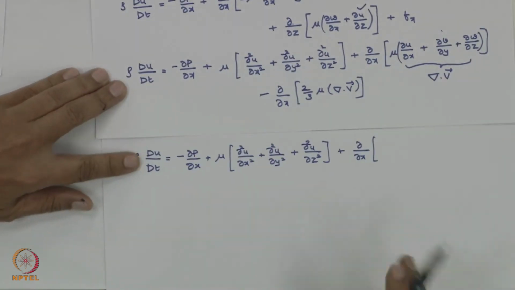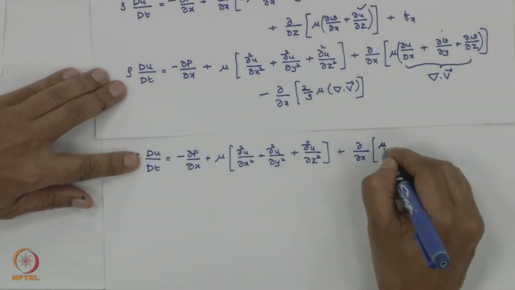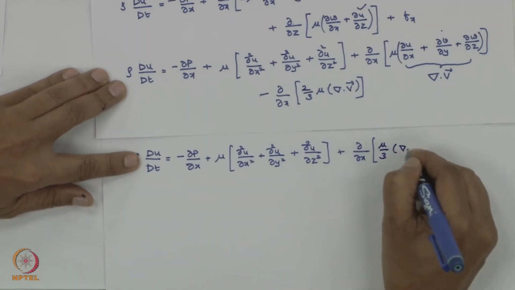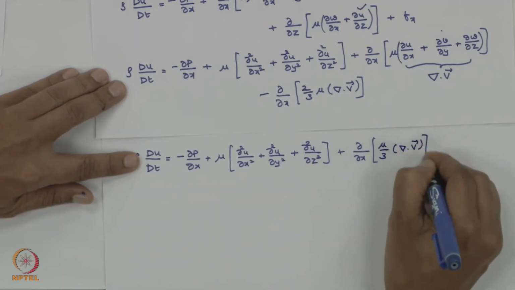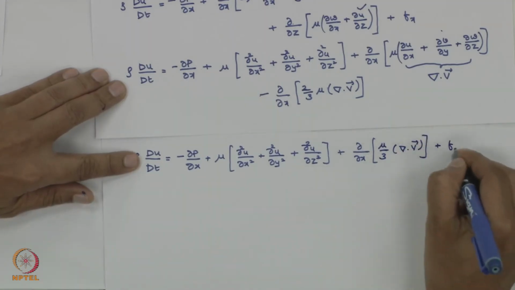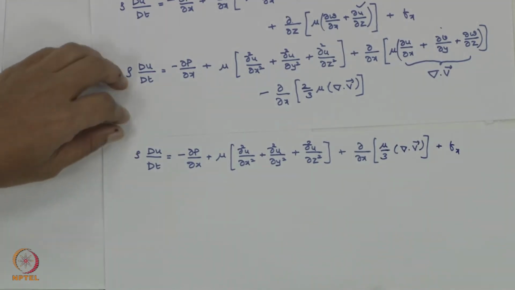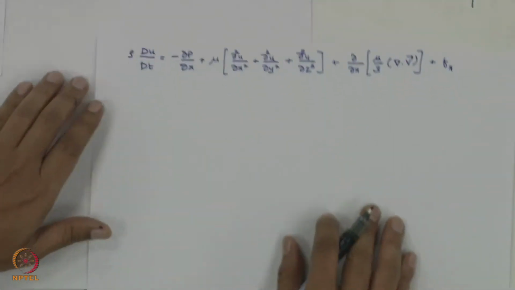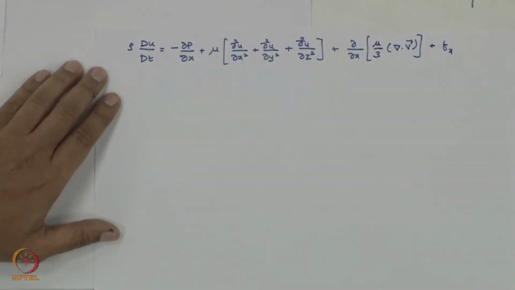So you get mu by 3 del dot v plus fx. So this is what we derived as the x momentum equation.